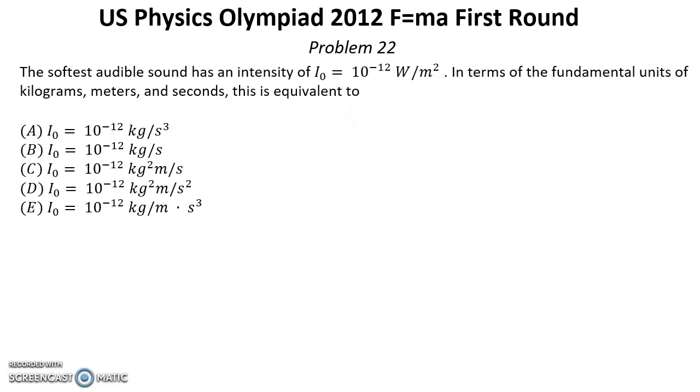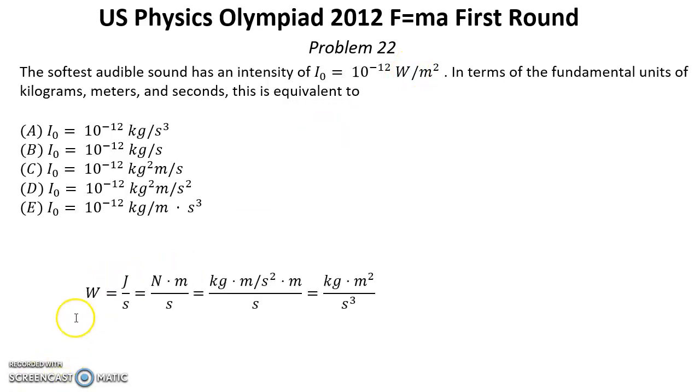Problem number 22. The softest audible sound has an intensity of I0 equal 10 to the power negative 12 watt per meter square. In terms of the fundamental units of kilograms, meters and seconds, this is equivalent to which one? We have 5 choices. Solution. To find the units in the SI system for this intensity, we need to convert watts to fundamental units.